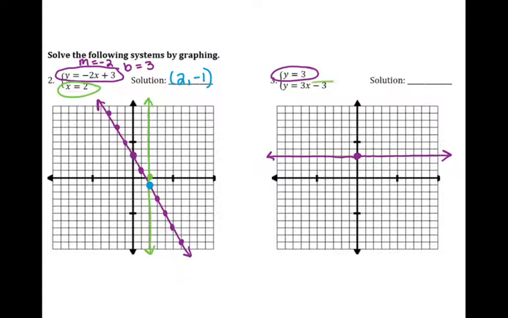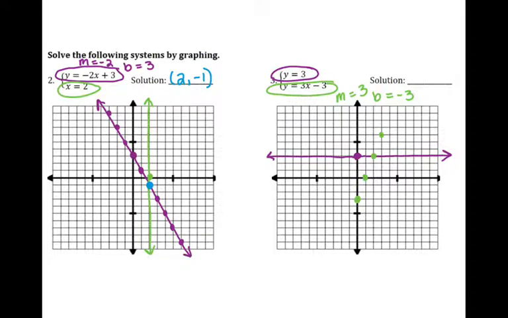And my next line is in slope-intercept form. So my slope is 3 and my y-intercept is -3. I'm going to begin at my b at -3. Slope is 3, so I'm going to go up 3 over 1. And I'm going to continue to plot all of my points until I find that intersection, which I just did.